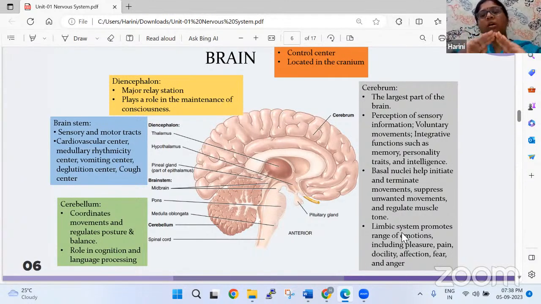Below the frontal, you have the parietal region, the parietal cortex, and then you have the occipital, and anterior to the parietal region, you have the temporal cortex. Each division has its own function. So this is a gist of brain anatomy and physiology. Hope you all got it.